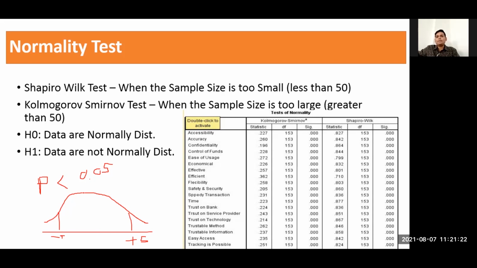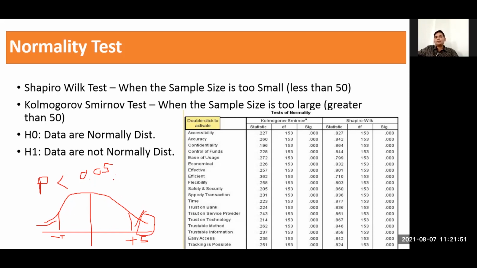If our value is falling under this area, these areas are called the rejection region. So if our data is falling either in the positive or negative side beyond 0.05, both are rejection regions, and we need to reject the null hypothesis.